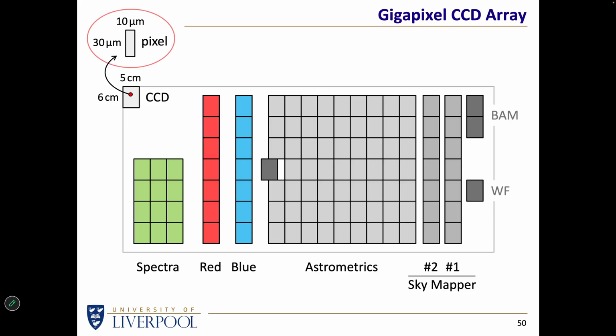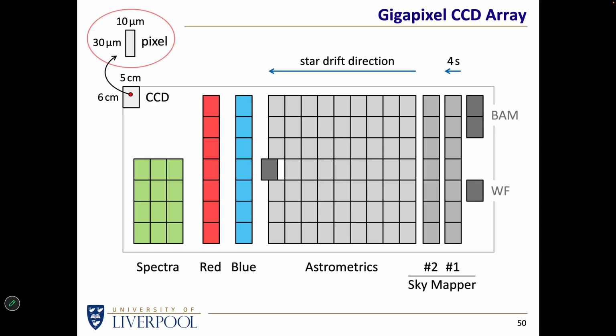There are a few other chips in there responsible for making sure everything stays in focus, making sure that the angles between the two telescopes is absolutely what we think it is, and there's no variation, because that's critical to Gaia's operation. And just to give you an idea, if we think of the stars drifting across the CCD, it takes about 4 seconds for a star to drift across a single CCD. Remember, a 9 megapixel CCD.